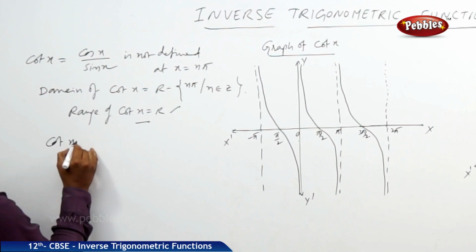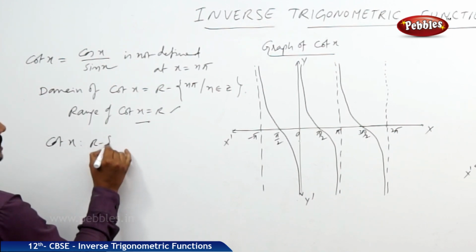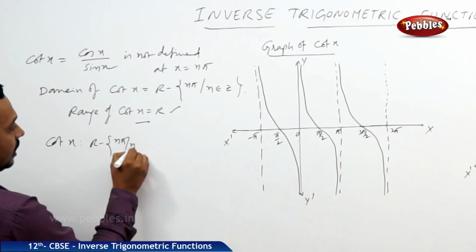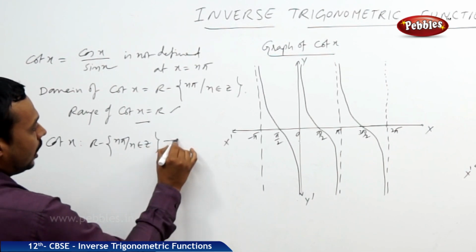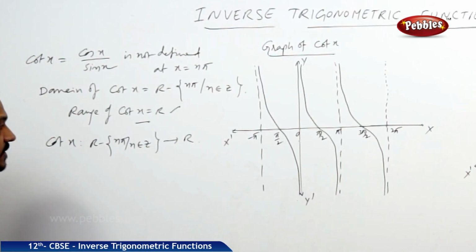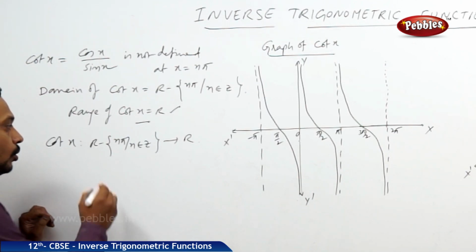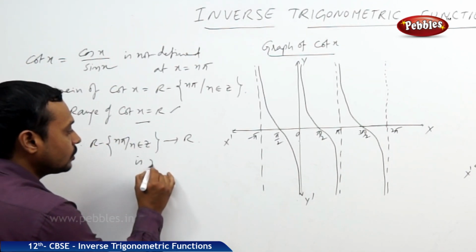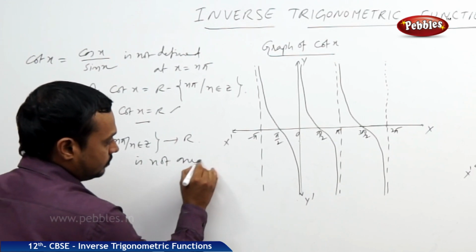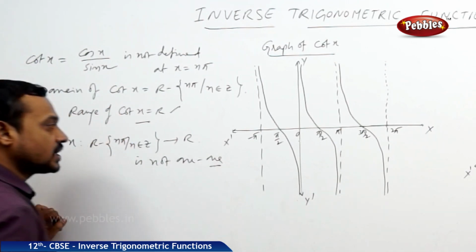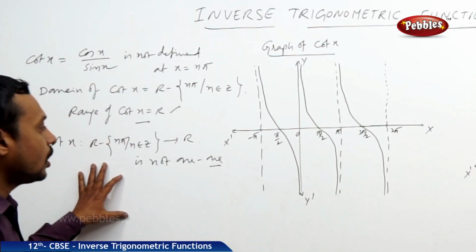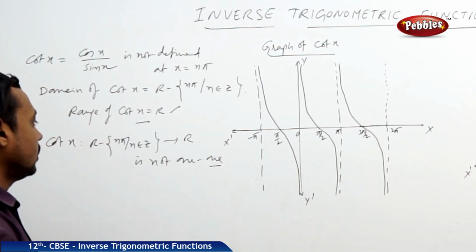since cot x has the domain R minus n pi, where n belongs to Z, to R is a function defined on this domain, but it is not one-one. In fact, the function is defined, but it is not one-one on this interval.